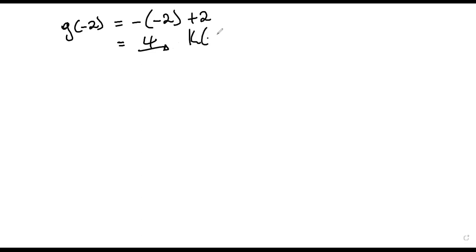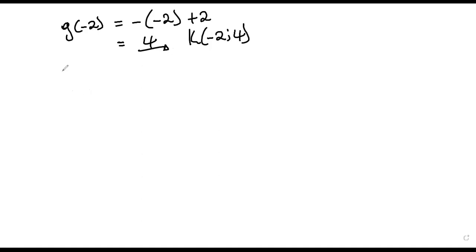So we are saying we want to know what is the y value when x is negative 2. So we go to the function of g for that. So we'll say, okay, negative 2, and then we say plus 2 like that. So the y value when x is negative 2 is just going to be positive 4. So meaning the coordinates of K will just be negative 2 and positive 4 like that.